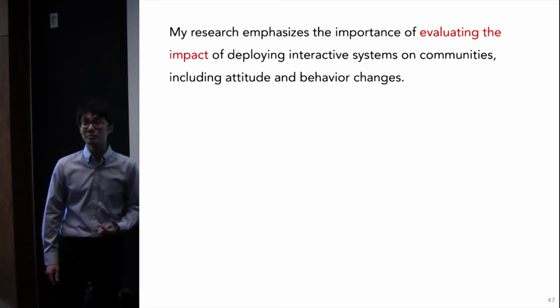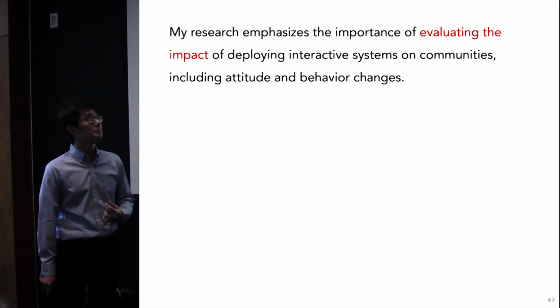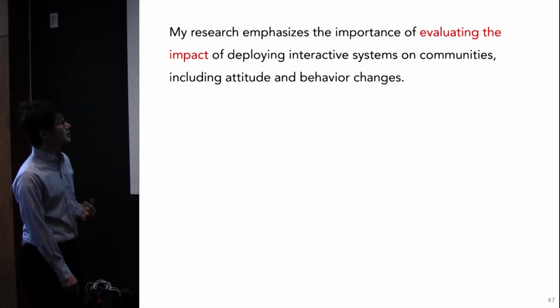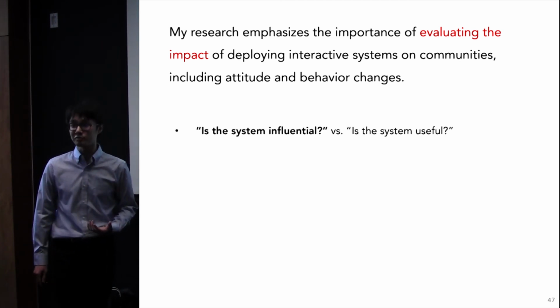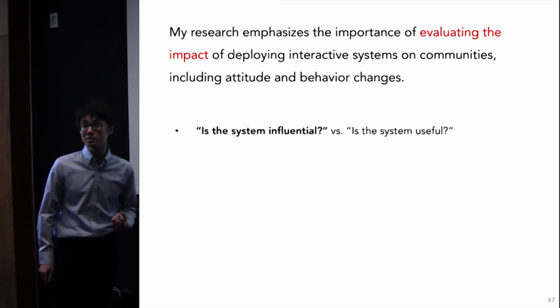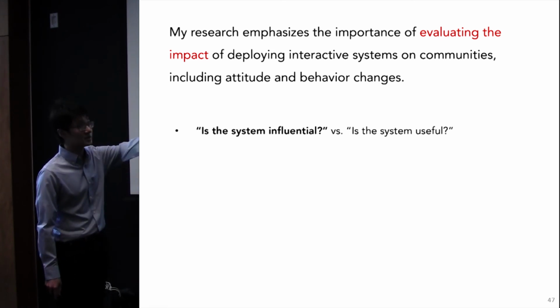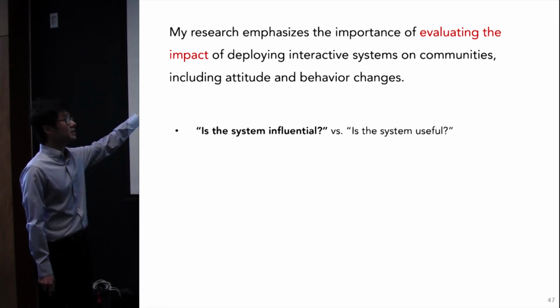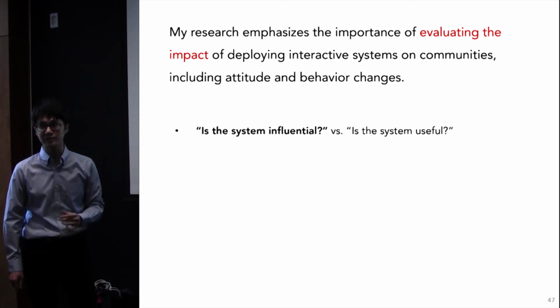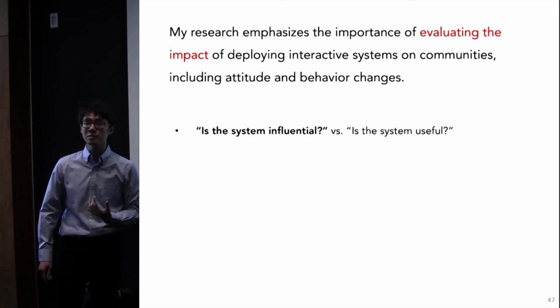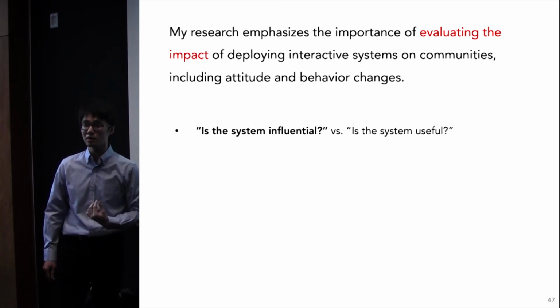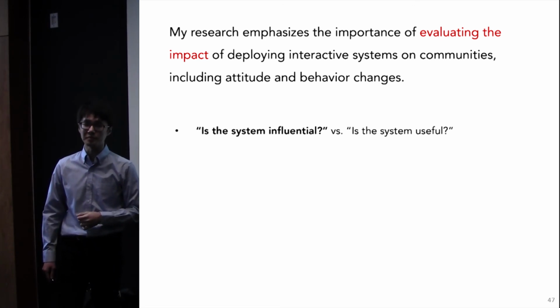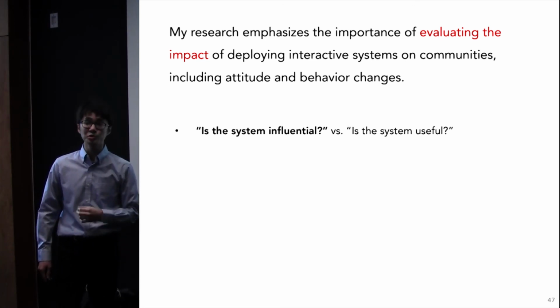The third implication is about evaluating the impact of the system. It is important to think about whether the system is influential rather than whether the system is useful. I'm not saying useful is not important, but in this thesis I care more about whether the system is influential. When people talk about evaluations of an interactive system, some people refer to usability.